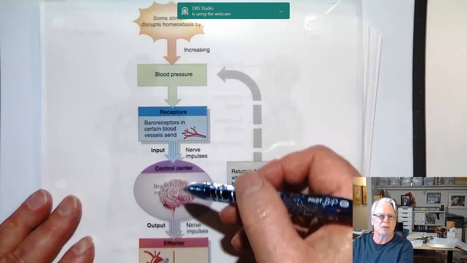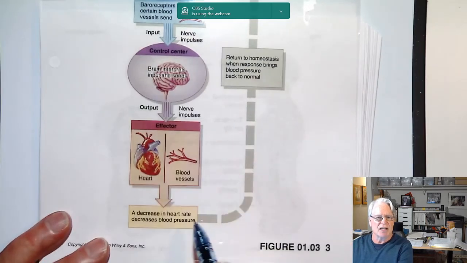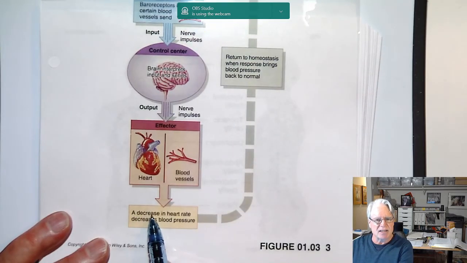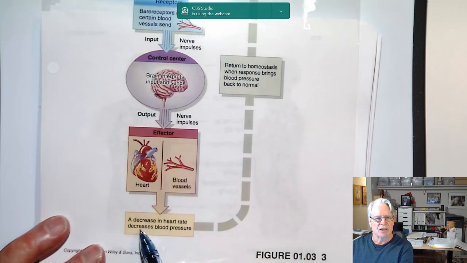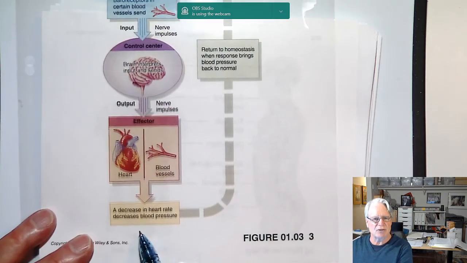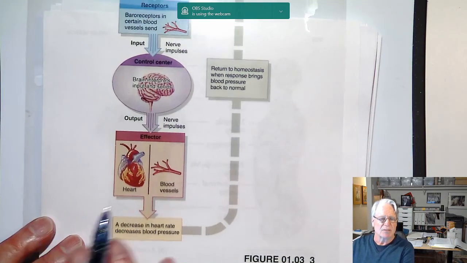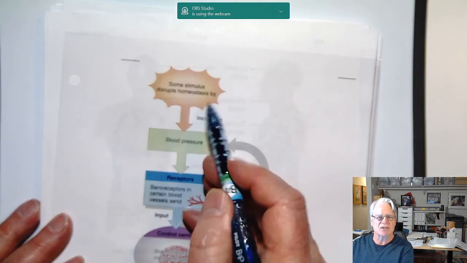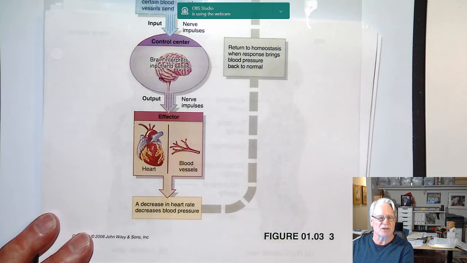Then we go through the whole process, and what do we end up with? A decrease in blood pressure. So we go from an increase to a decrease. Is that a negative feedback system? Yes, because we're opposing the increase with a decrease. That's a negative feedback system.